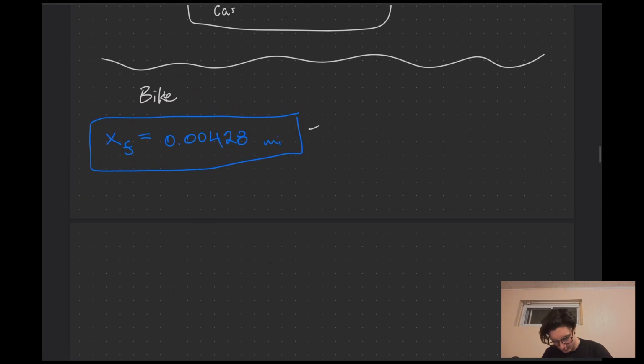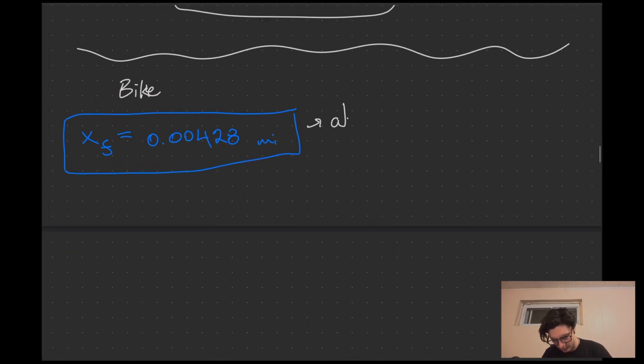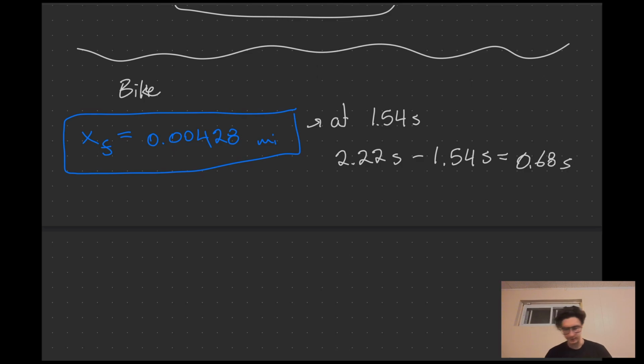And this is going to be at 1.54 seconds. So we want to find the bike's position at 2.22 seconds. If we subtract 1.54 from 2.22, we have 0.68 seconds left for the bike to just cruise at its constant velocity.